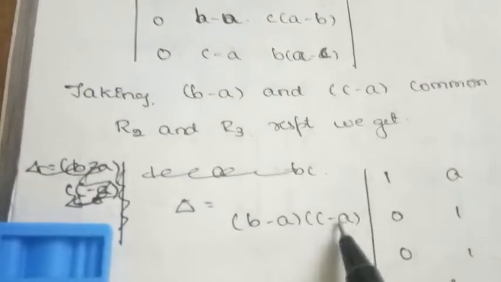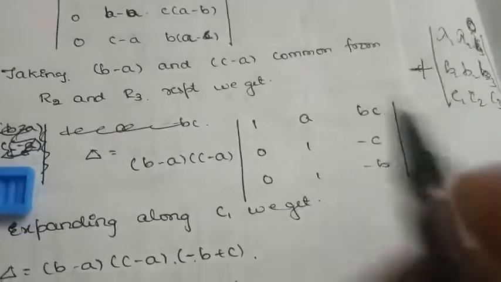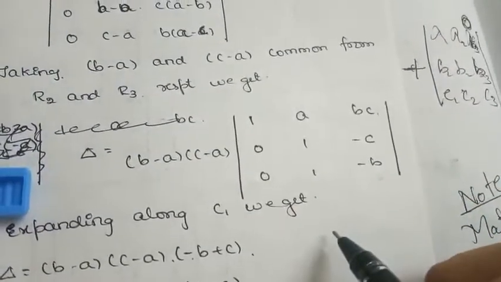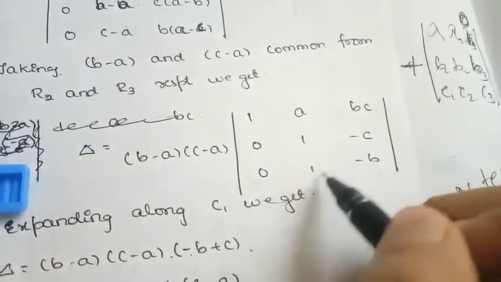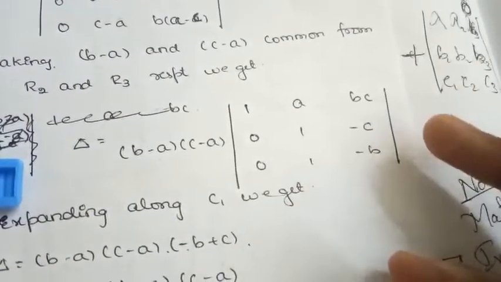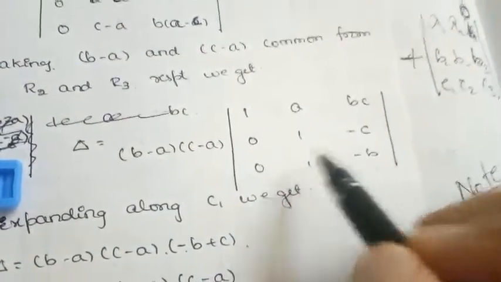B minus A, C minus A. After that, this is what the determinant is going to look like. Now I am expanding. You can even make another row operation and make this one also equal to 0. Since all these 4 elements are simpler when we expand along R1, I am not making this one equal to 0.